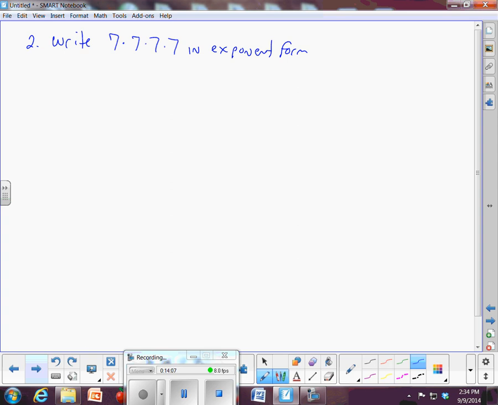Okay, well, that's easy. What we have here is the base. So we're going to write 7 as the base, and we have to count how many times 7 is times itself. 1, 2, 3, 4. So 7 to the 4th power would be writing this in exponent form. Okay, 7 times itself 4 times.